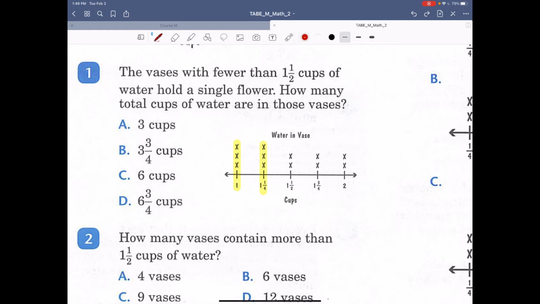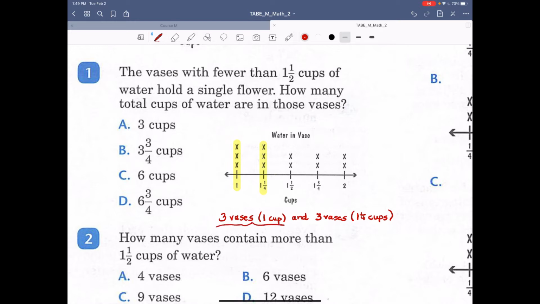Well, 3 of the vases, those are the X's, have 1 cup of water, and 3 of the vases have 1 1/4 cups of water. So we need to do some simplifying here. 3 times 1, that's 3.